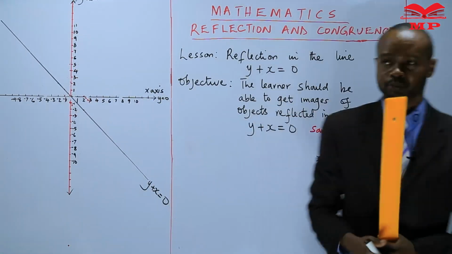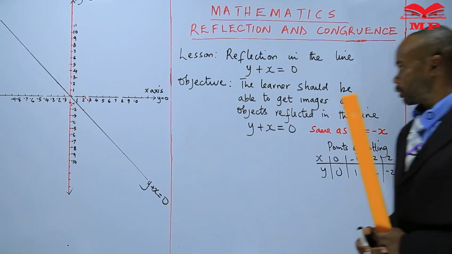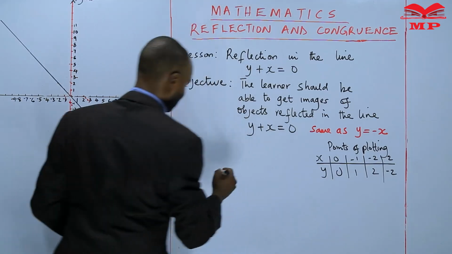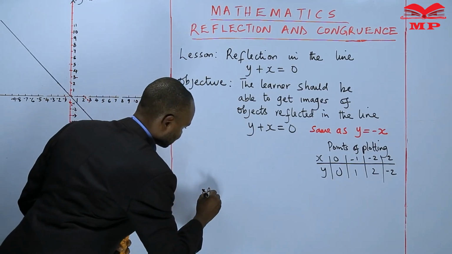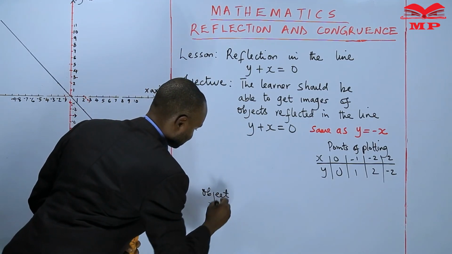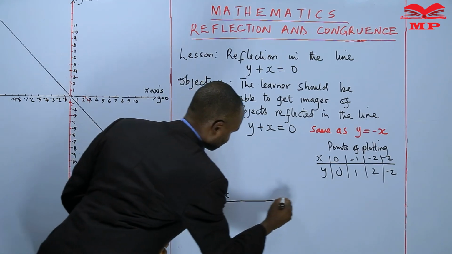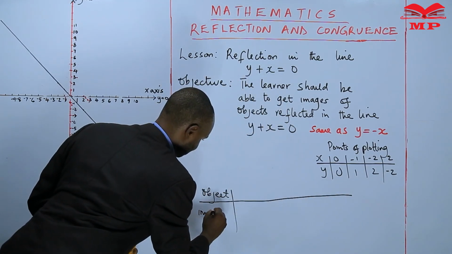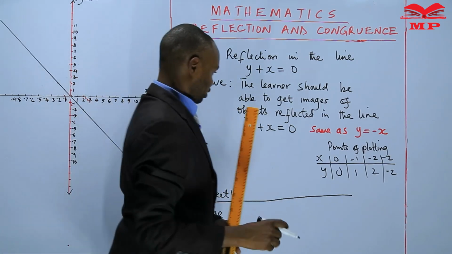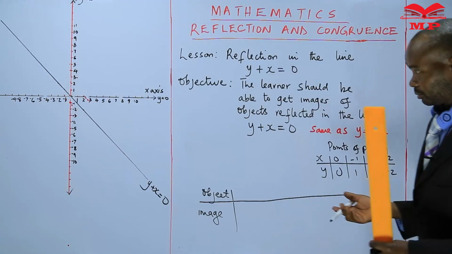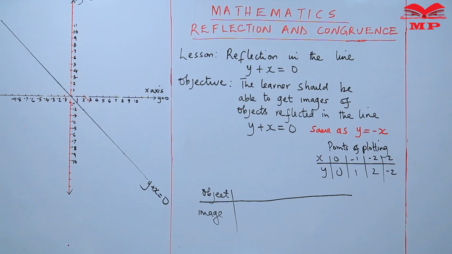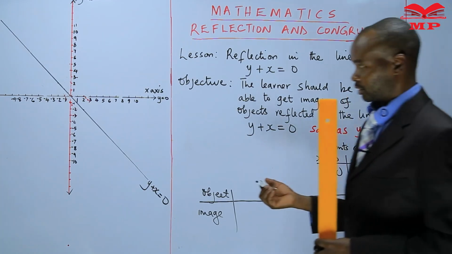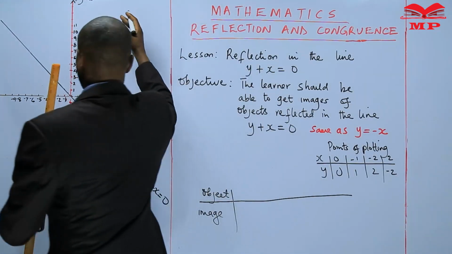Step number 2, we are going to choose points where we shall have the object, and on reflection we have our image. You can choose a series of points and then we reflect them.